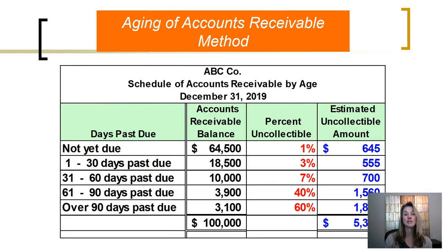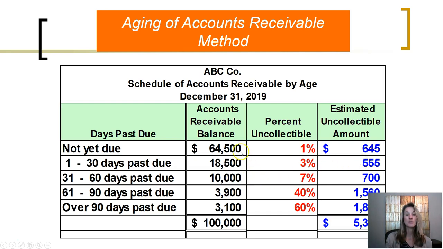So looking at ABC's schedule of accounts receivable, where the $100,000 balance in accounts receivable, each customer's account was grouped by how far past due the account is. Of the accounts that are not even due yet, management estimates only 1% of those will be uncollectible, or $645 of it. For the 1 to 30 day past due accounts, 3% are estimated to be uncollectible, or $555.